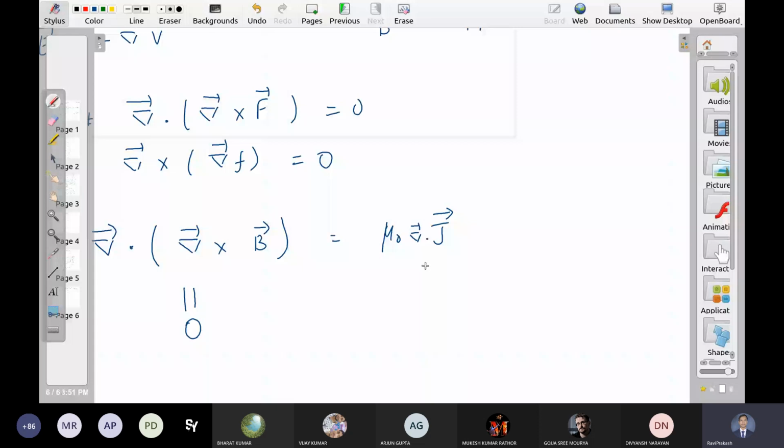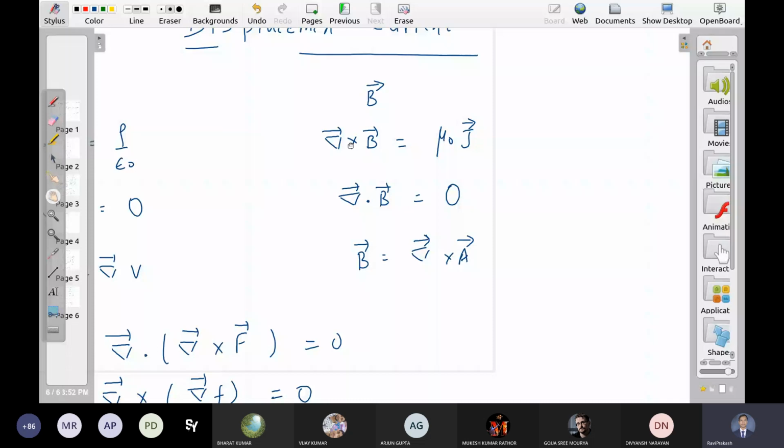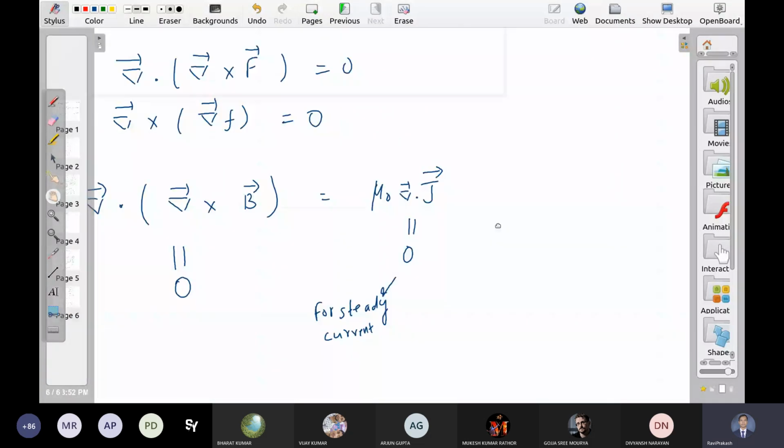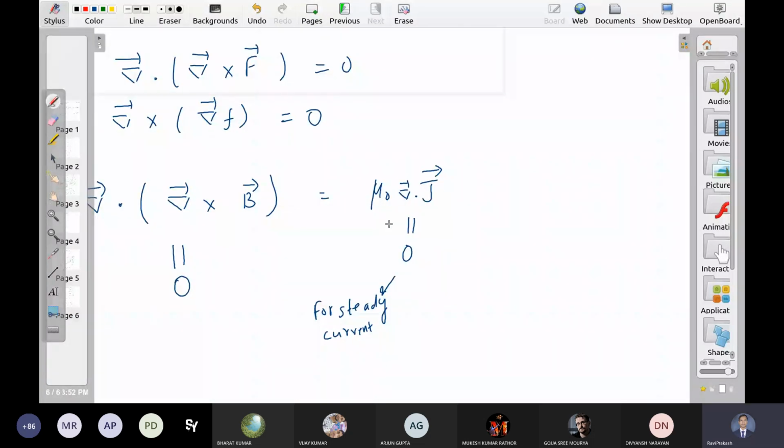So this formula is true: del cross B is equal to mu naught J. This is true only for steady currents. And if there are non-steady currents, then there is a problem. क्यों problem है? This side is equal to mu naught here, and this is minus del rho by del t, right?